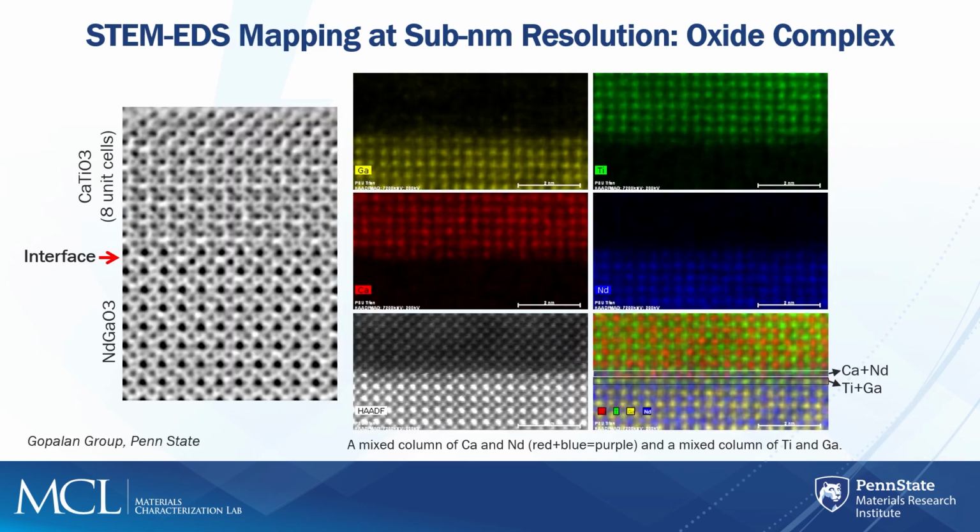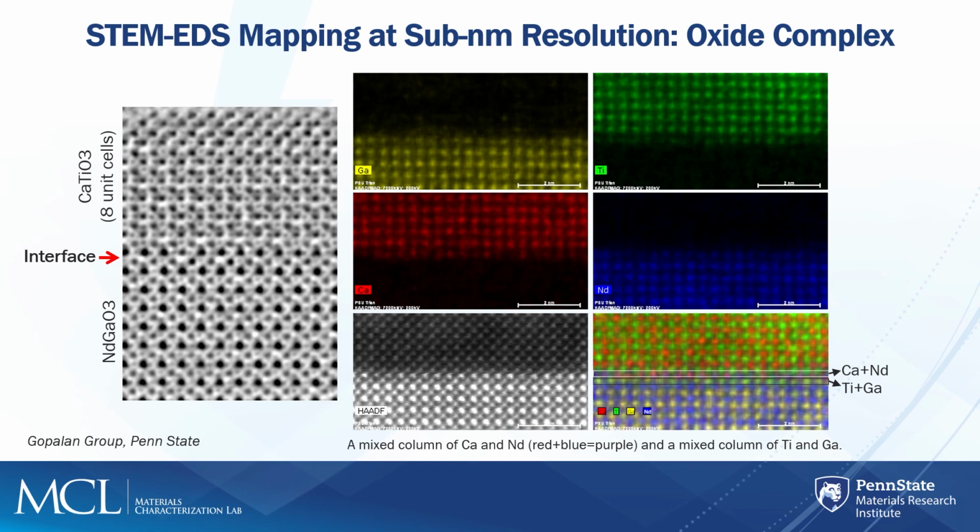The material here is an oxide complex thin film. Again, by doing the atomic resolution STEM, we can see the atomic structure for both the thin film and the substrate, no problem. But for the interface, we don't really know what's going on here.